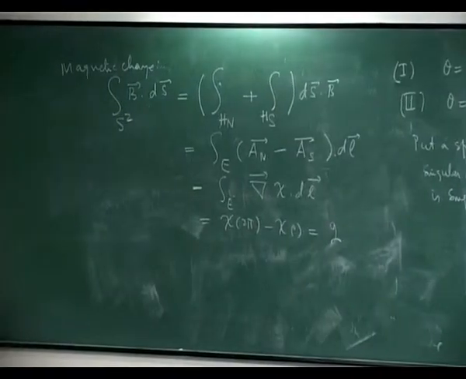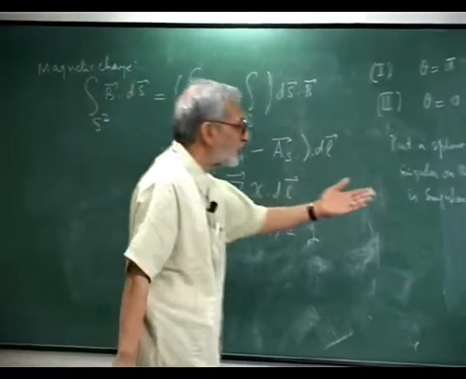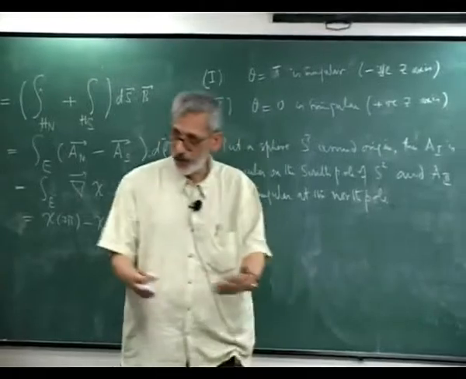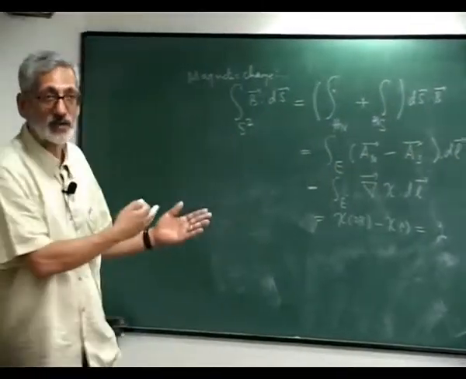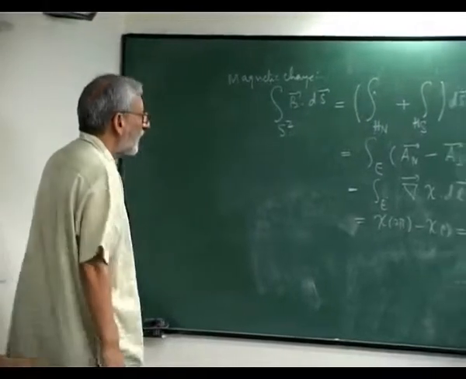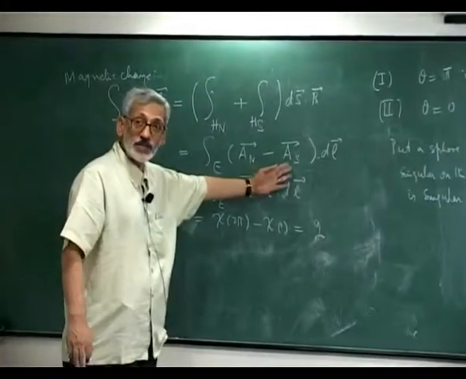That was what it was, because the B field that we had written down was the B field due to a magnetic monopole of charge g. So that's what we discovered is also the property of these gauge potentials.